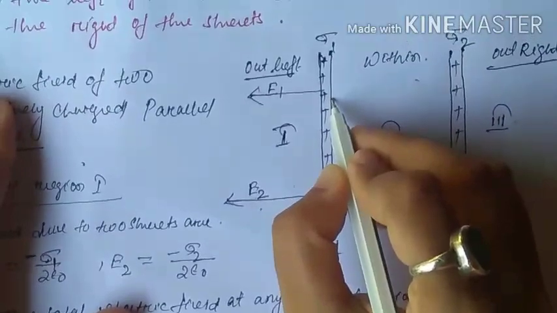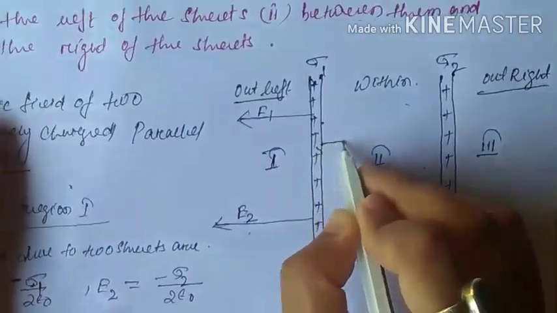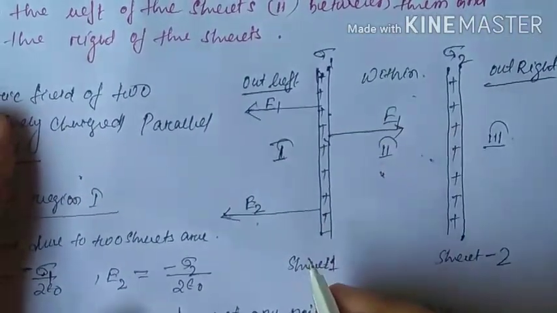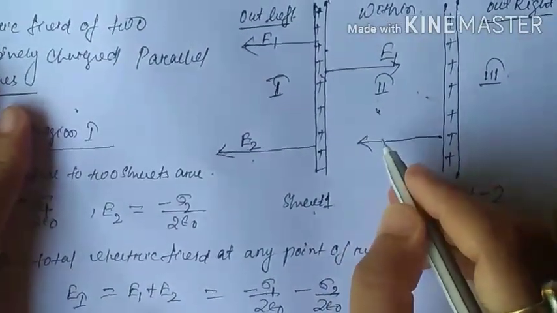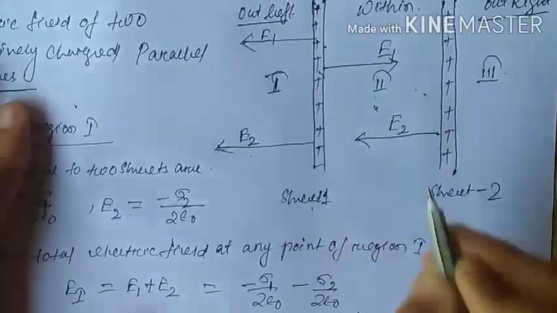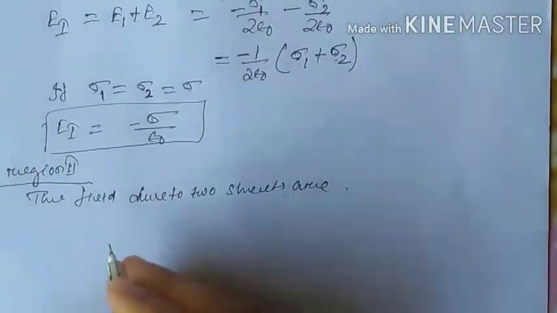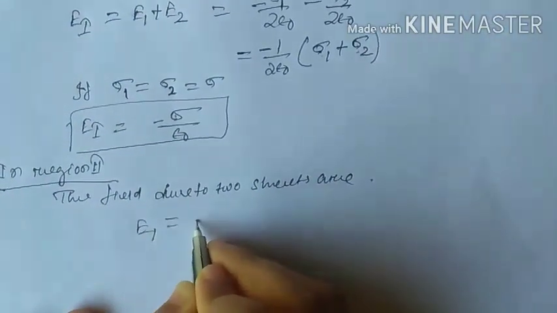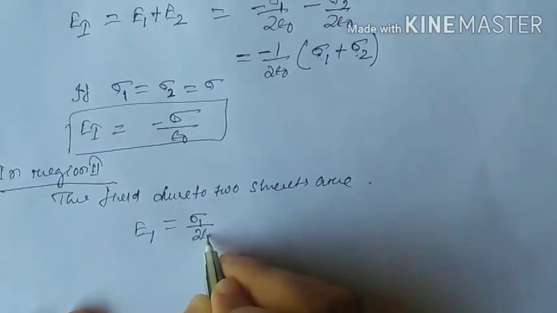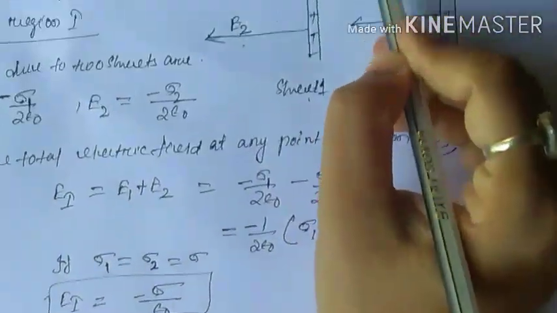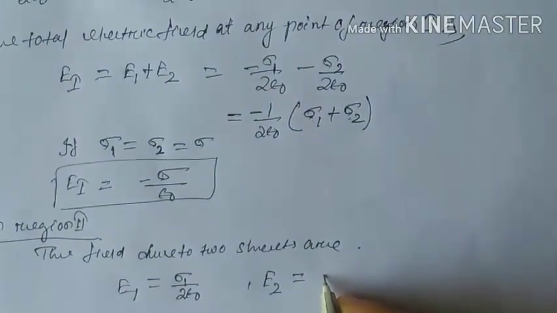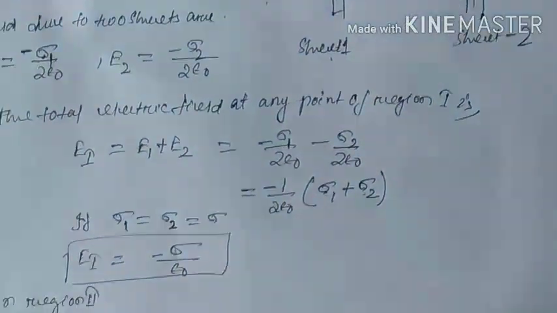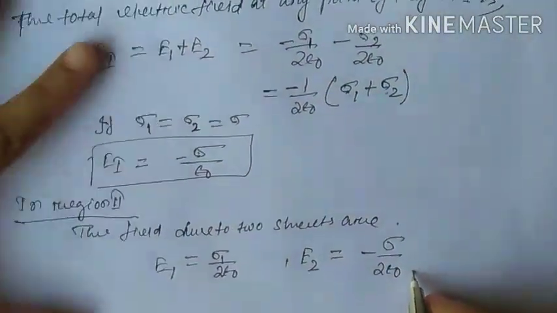For sheet 1, the electric field for this is equal to E1 in this direction. Out for this E2, something like this, E2. So what we can write? E1 is equal to sigma 1 by 2 epsilon naught. Yes or no? Positive direction towards this. Then E2 is equal to this direction, so this is minus sigma 2 by 2 epsilon naught, right?